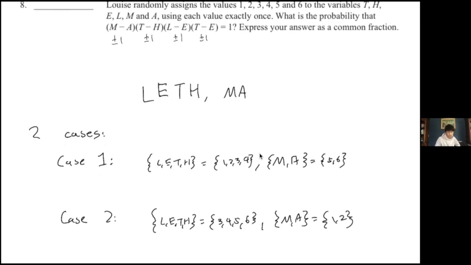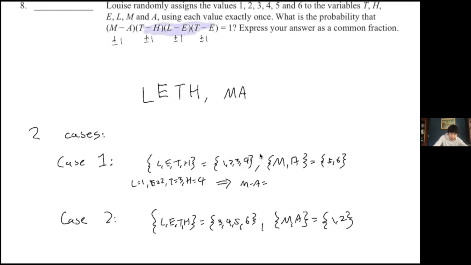And so in the first case, if LETH are 1, 2, 3, 4, we can either have that L equals 1 or H equals 4. So if L equals 1, E equals 2, T equals 3, H equals 4, that's one possibility. Since LETH uniquely determines the values of T minus H, L minus E, and T minus E, then M minus A will also be determined.